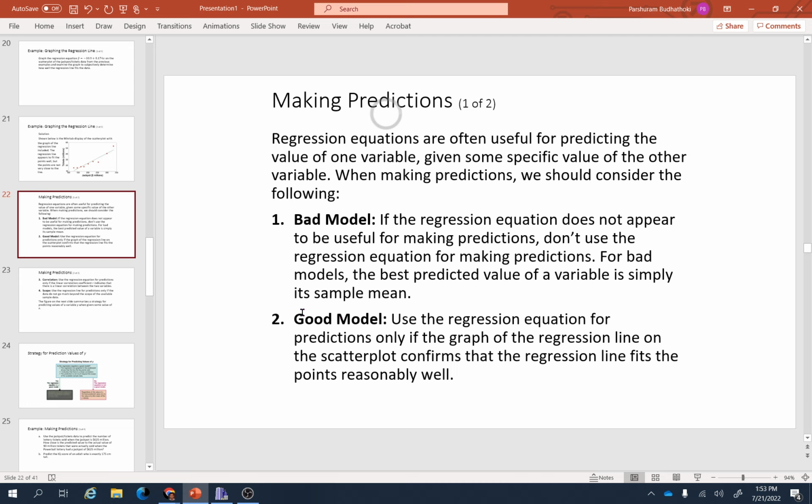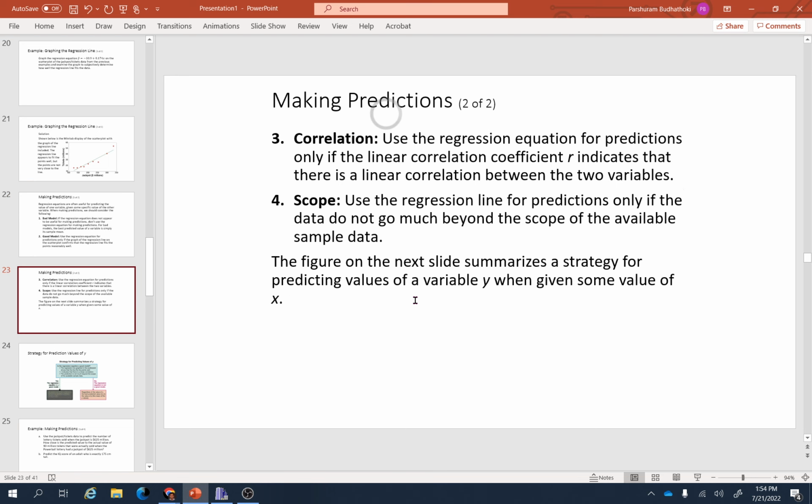Good models, that's where we can use the regression equation. Use the regression equation for prediction only if the graph of the regression line on the scatter plot confirms that the regression line fits the points reasonably well. Correlation. Use the regression equation for prediction only if the linear correlation coefficient r indicates that there is a linear correlation between the two variables.